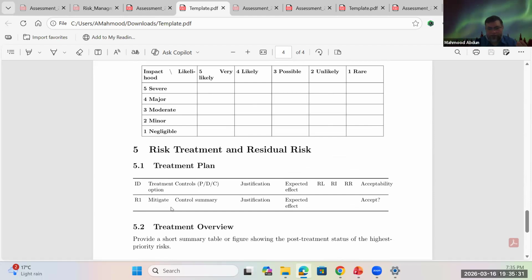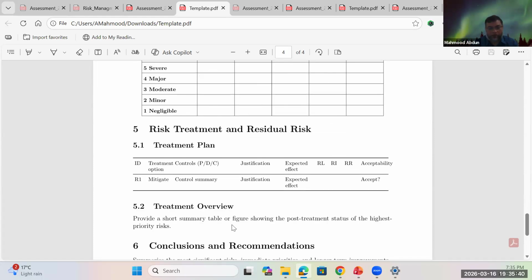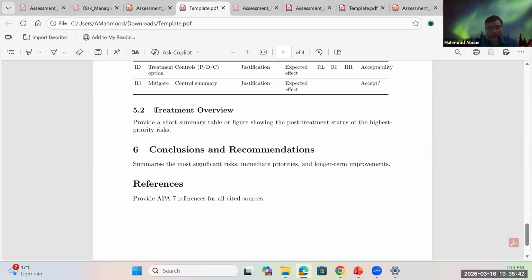So you write those risks and find the control. And then I would expect that there's a discussion of why this control is better than other controls. That should be mentioned in the treatment overview 5.2. You talk about the relative importance of controls, why you use this, and so on.